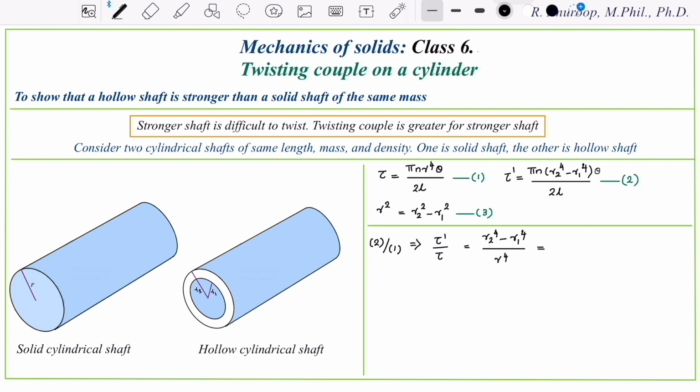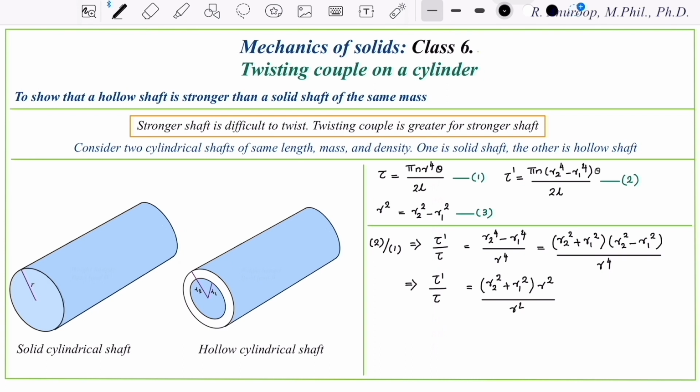This is equal to r2 square plus r1 square into r2 square minus r1 square divided by r raised to 4. From equation 3, we have r square equal to r2 square minus r1 square. Substituting r square for r2 square minus r1 square, tau dash by tau becomes r2 square plus r1 square into r square divided by r raised to 4.